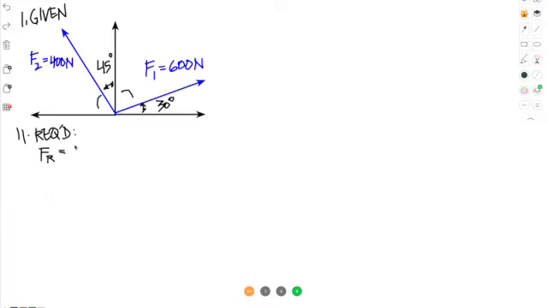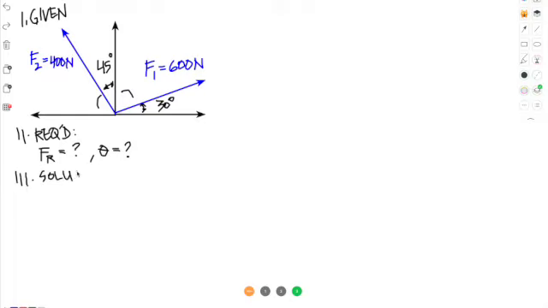So what is the resultant and what is its direction? That is what the problem is basically asking us. Magnitude and direction means we're looking for a vector here. Right? So let's start our solution.